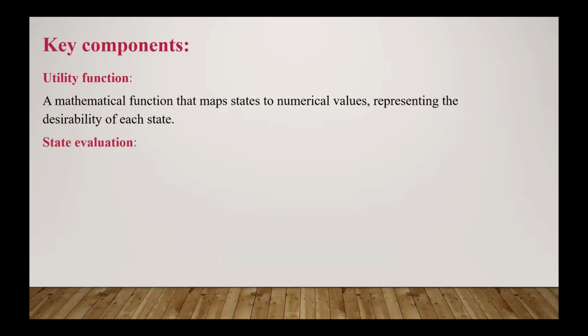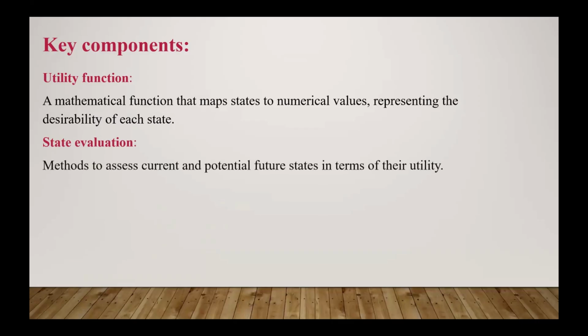Then we have to evaluate between each and every state. So the next key component is the state evaluation: methods to assess the current and potential future states in terms of their utility. It means at each and every phase we have to check the utility function from the current state to the final state.